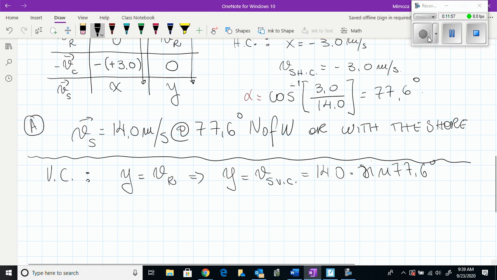So 14 times sine 77.6. The resultant velocity will be 13.7 meters per second going north.